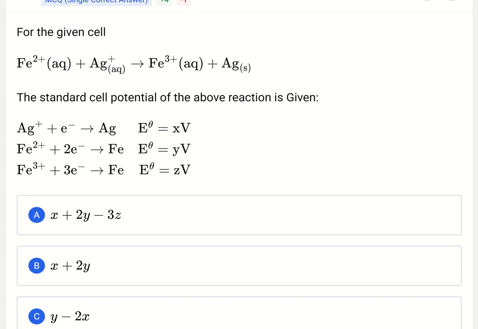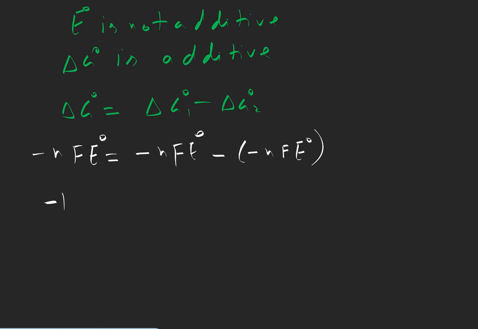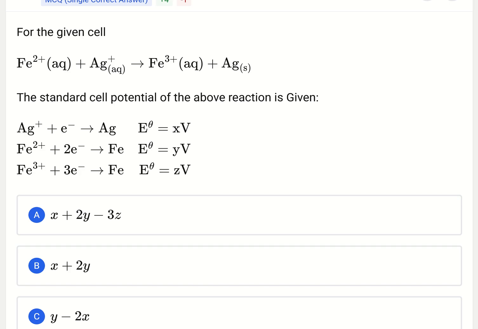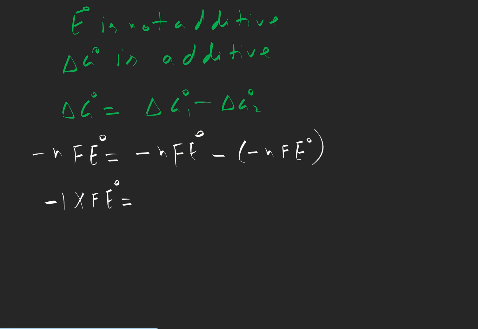Let us check the question. Fe2+ to Fe3+, the total number of electrons transferred is 1, so minus 1 into F into E naught is equal to the following. For Fe2+ we have 2 electrons and Y, and for Fe3+ we have 3 electrons and Z. So 2 plus 2Y and 3 plus 2Z.